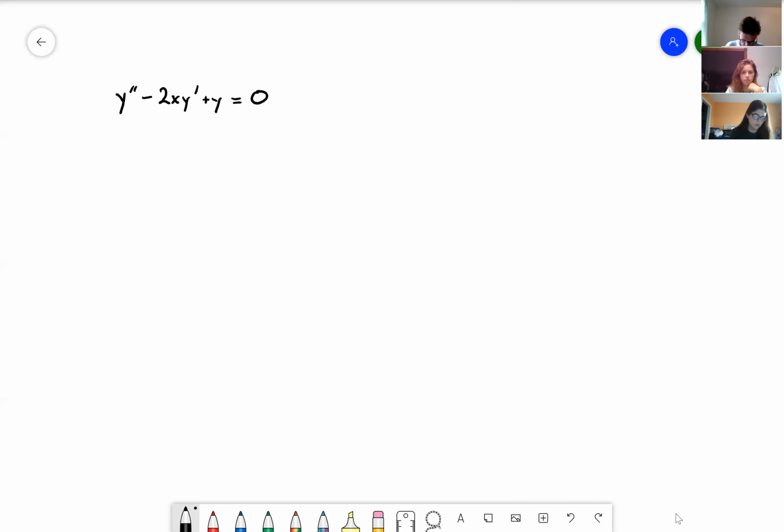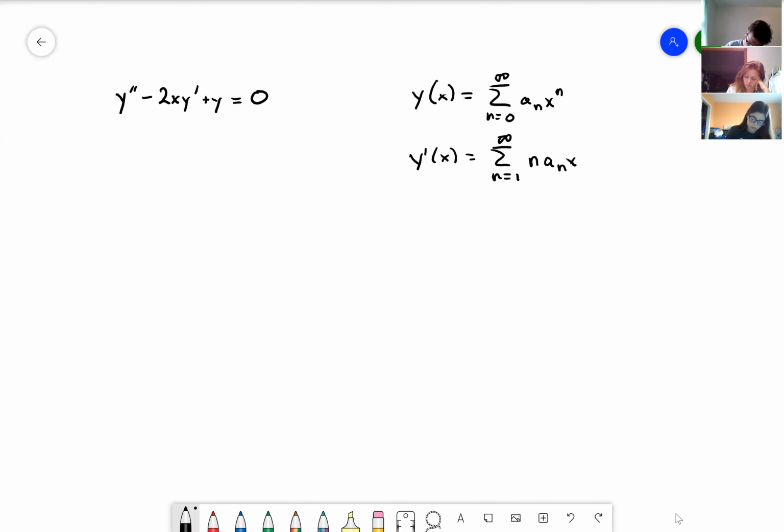Okay, so diving right in, what do we have for our solutions? We make the assumption that it's of the form y of x equals the sum from n equals 0 to infinity, a n x to the n. We take the derivative of this, and we get this.